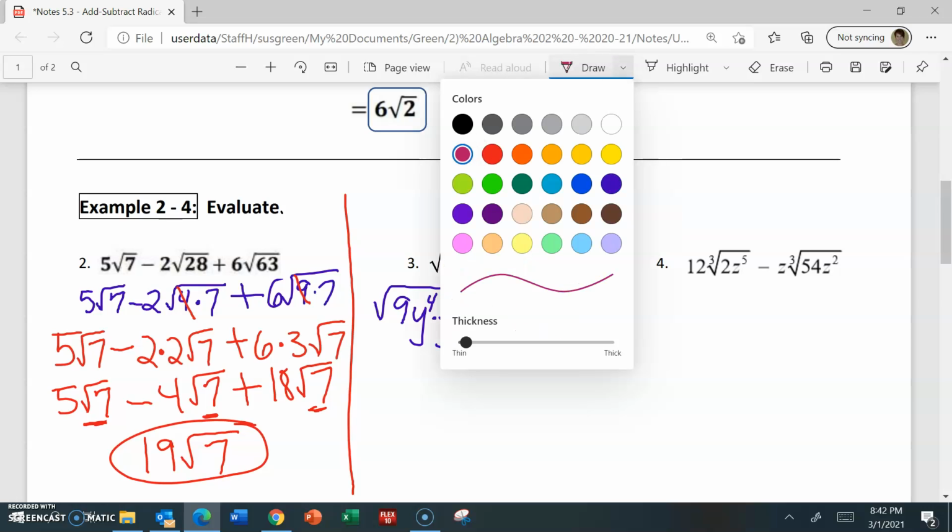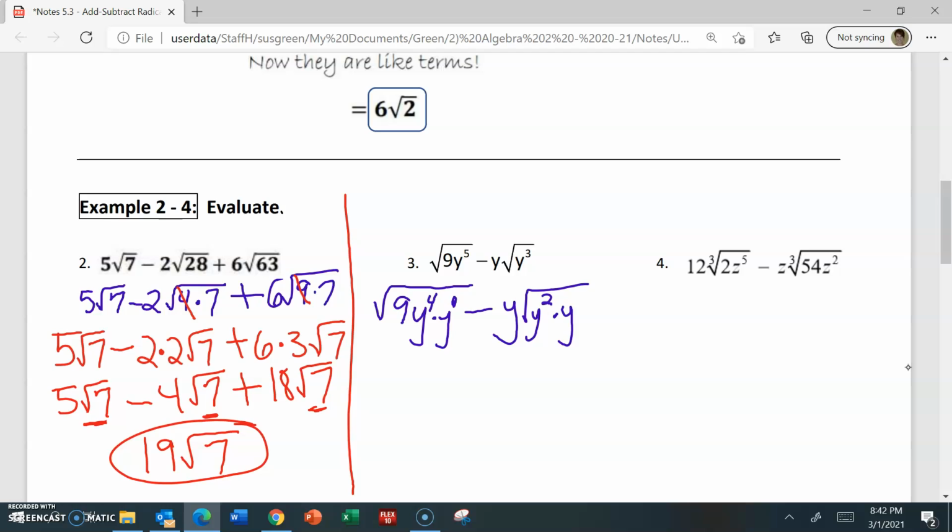Okay? Now, here we go. The square root of 9 is 3. The square root of y to the fourth is y to the second. And then we're left with square root of y, that's y to the first. Minus y was already out front. The square root of y squared is y, and then we're left with radical y.